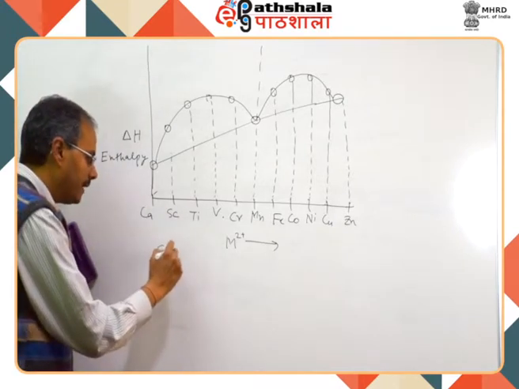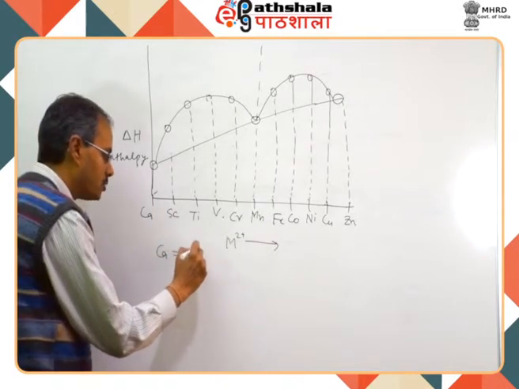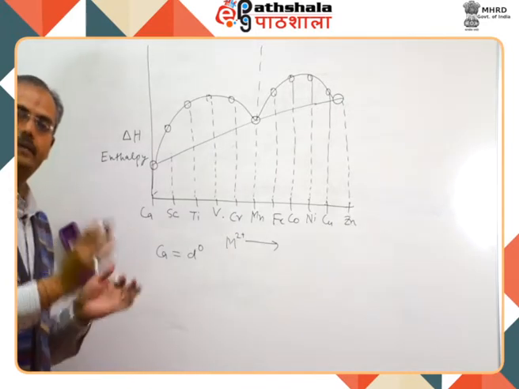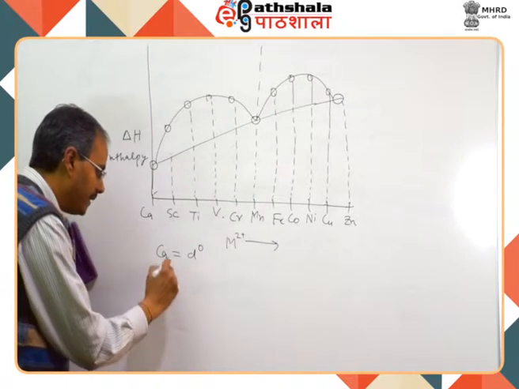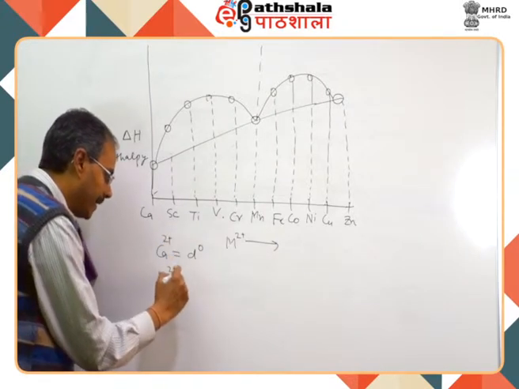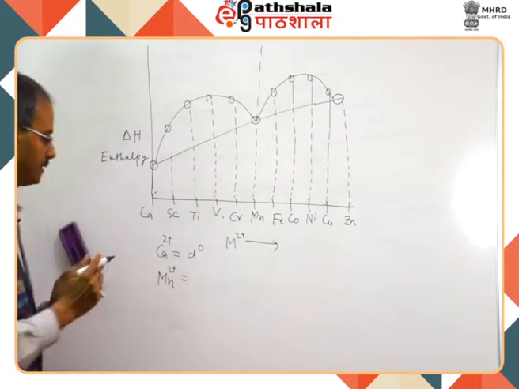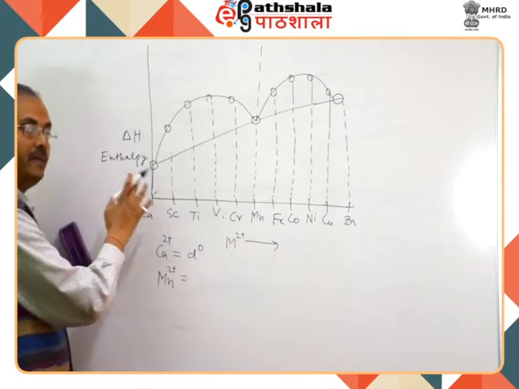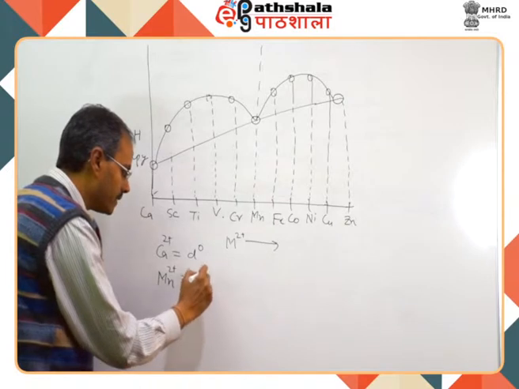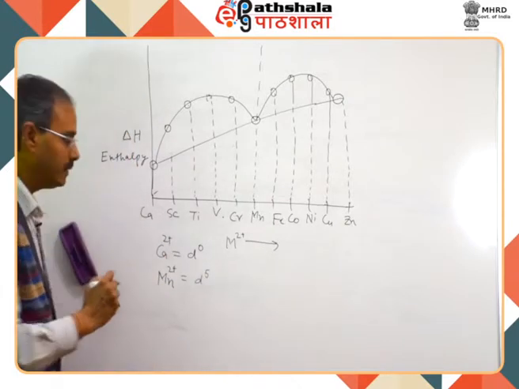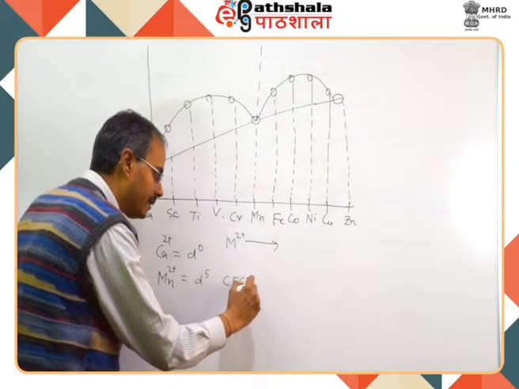So if you write the electronic configuration of calcium, you will see it has no d electron. That means the d electron count is 0. What happens if we take manganese? Remember, we are taking the example for high spin state because we are taking a very weak field ligand, the water molecule. So manganese 2+, the electronic configuration is going to be d5. Remember what is the crystal field stabilization energy for a d5 ion?